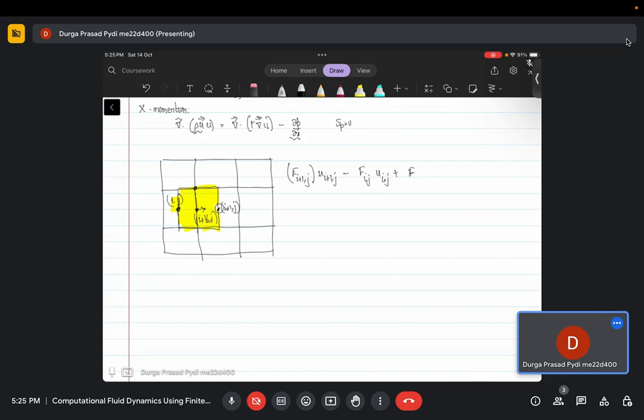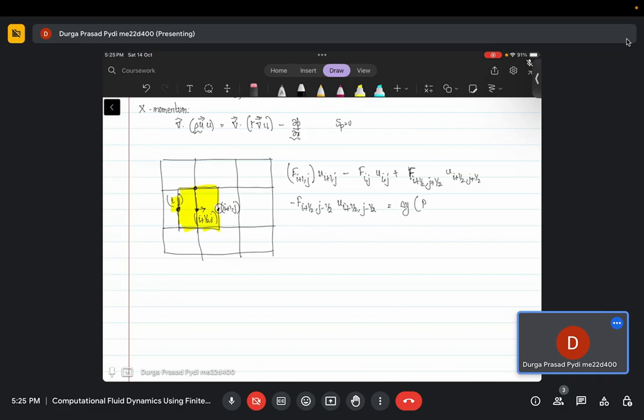It is i plus half, j plus half, times u also calculated at i plus half, j plus half. The south face is straightforward: i plus half, j minus half.